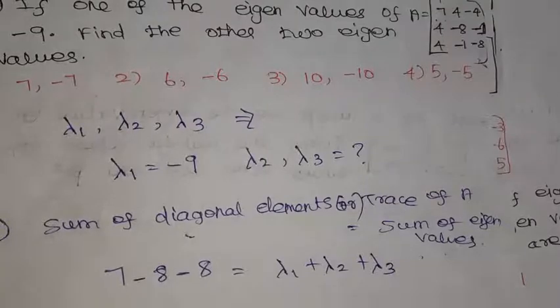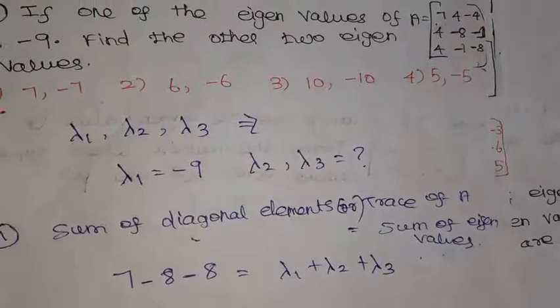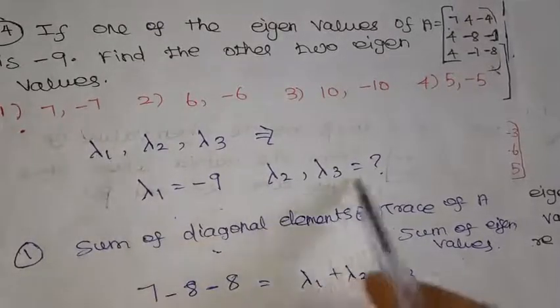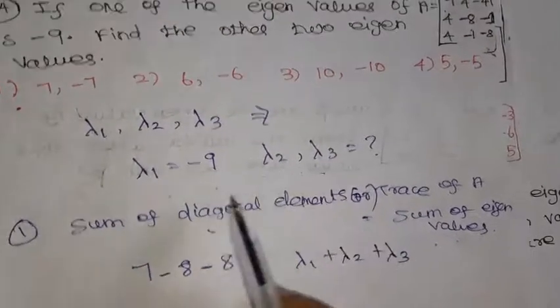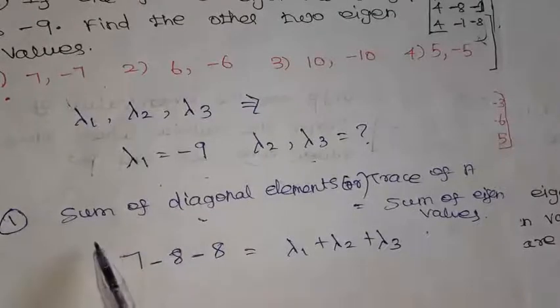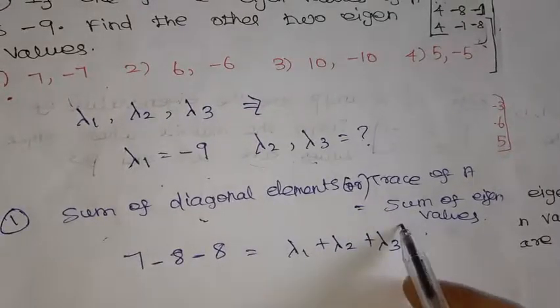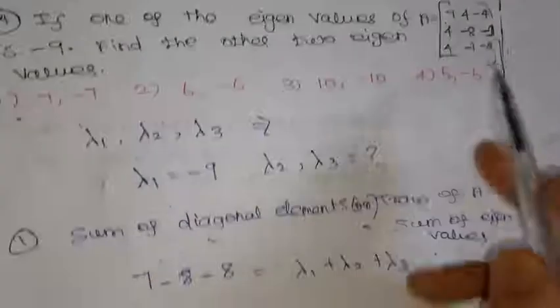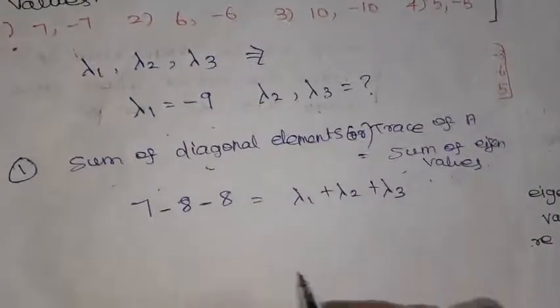For this question, one eigenvalue is given and we need to find the rest. From the property, the sum of eigenvalues equals the sum of diagonal elements. So 7 minus 16 is minus 9, which should equal lambda 1 plus lambda 2 plus lambda 3.